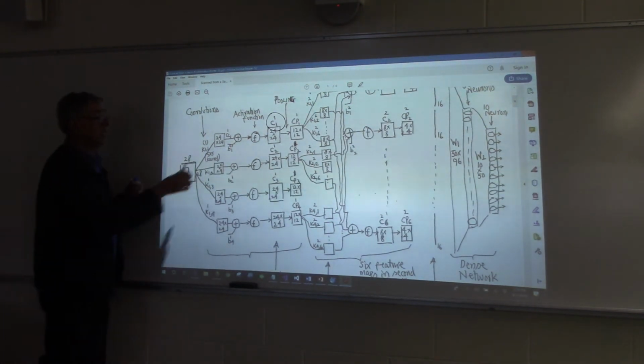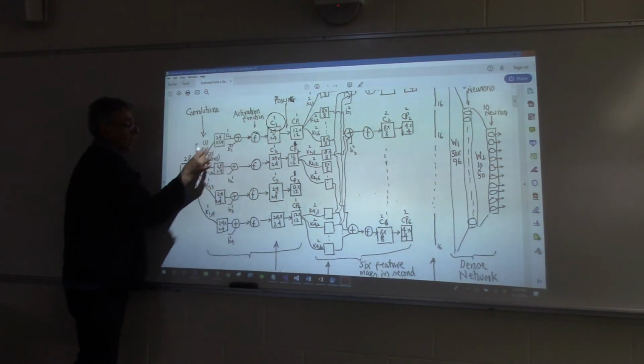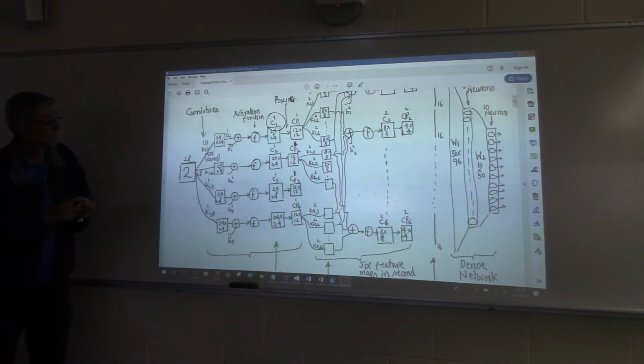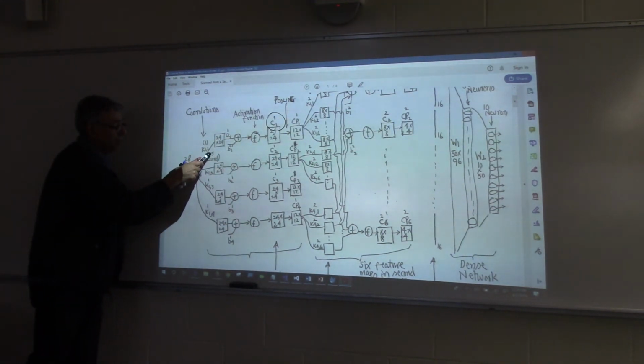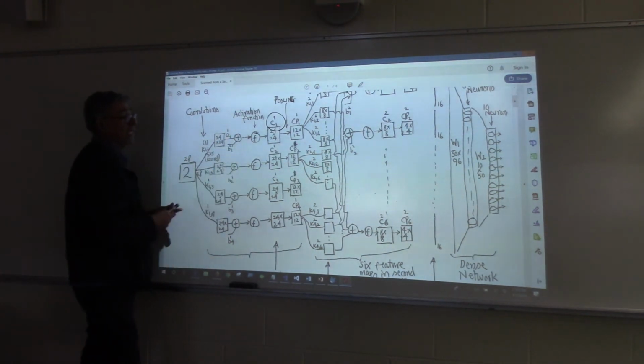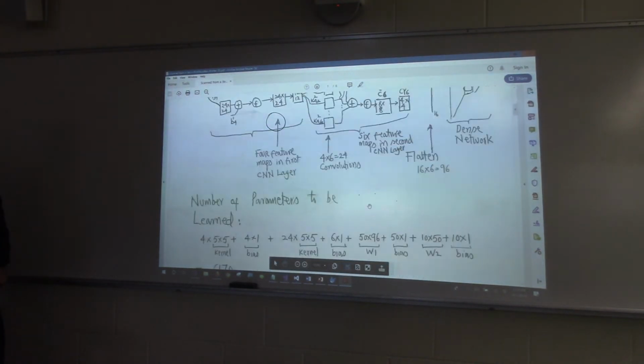As you can see, there's an activation function applied to the convolution, then a bias is added to the convolution. So first we apply convolution, add the bias, then the whole of it goes through the activation function.